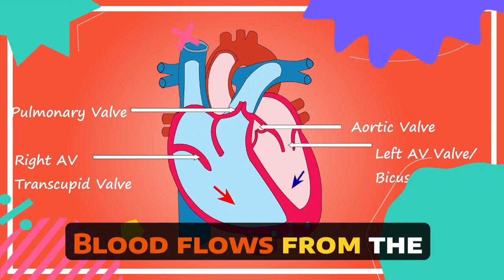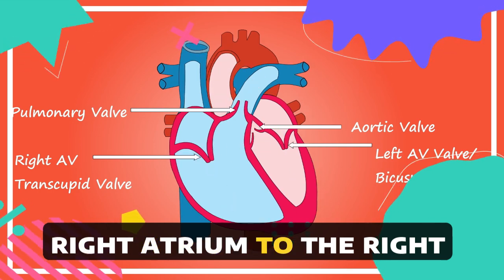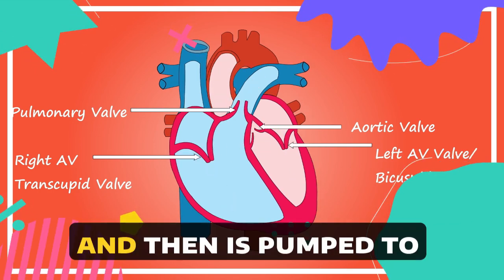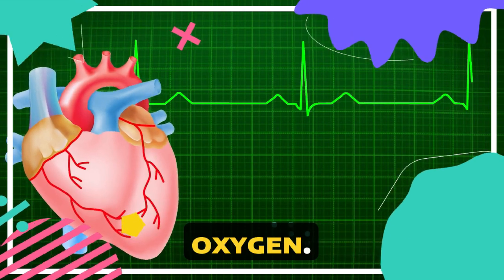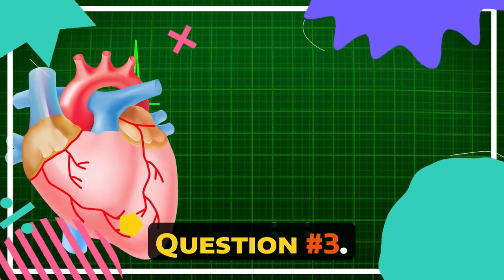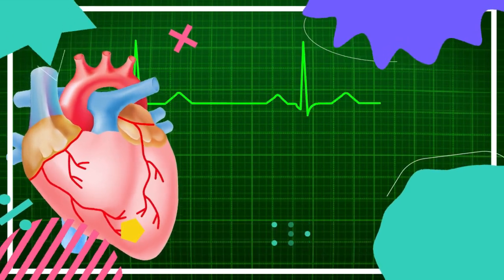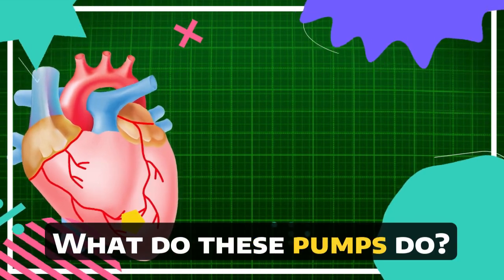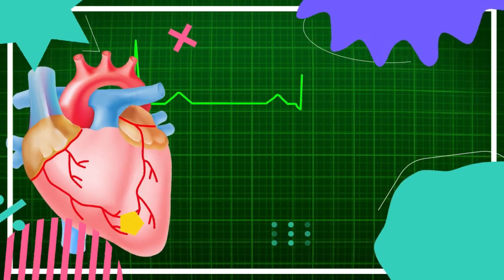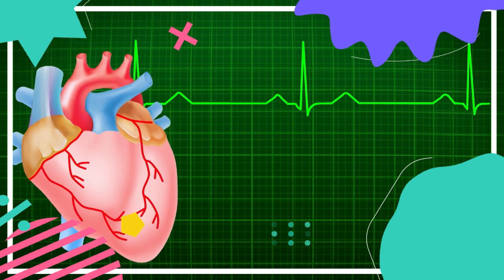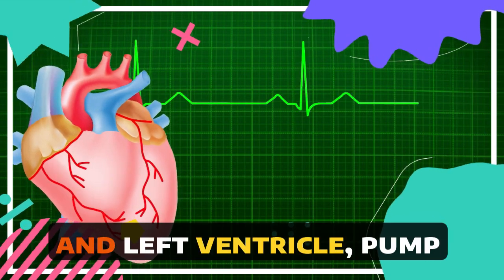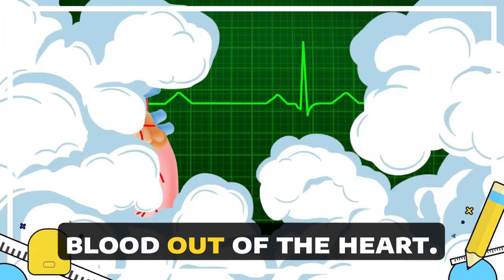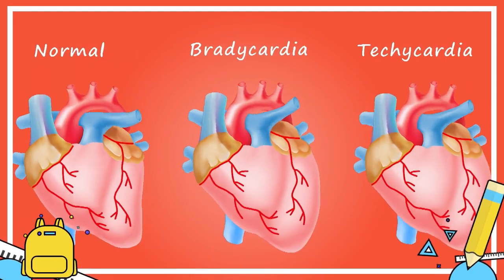Blood flows from the right atrium to the right ventricle and then is pumped to the lungs to receive oxygen. Question number 3. What do these pumps do? Answer. These pumps, the right and left ventricle, pump blood out of the heart.